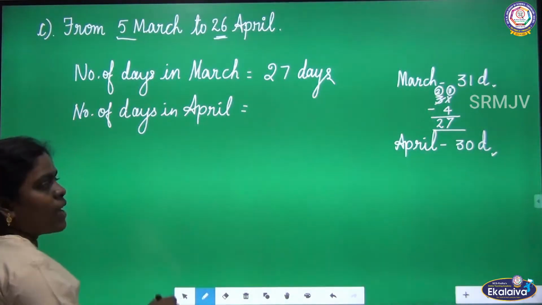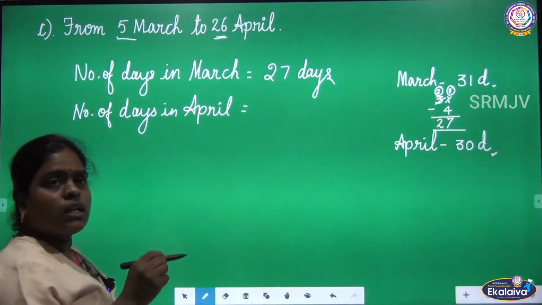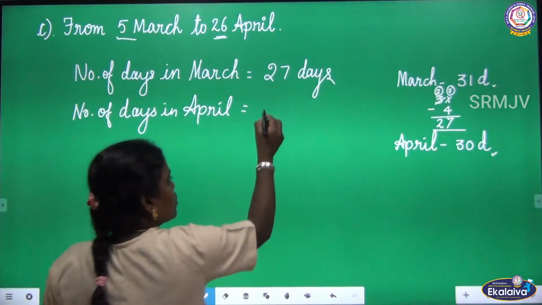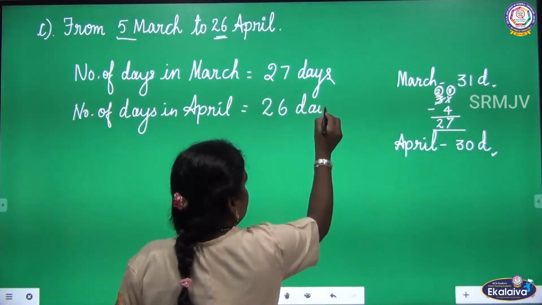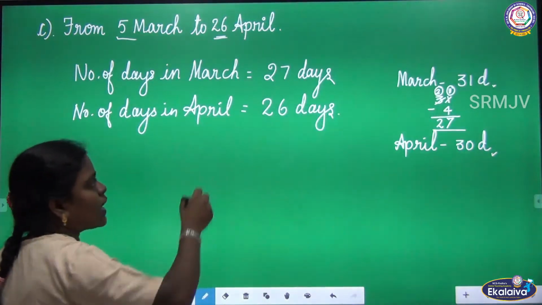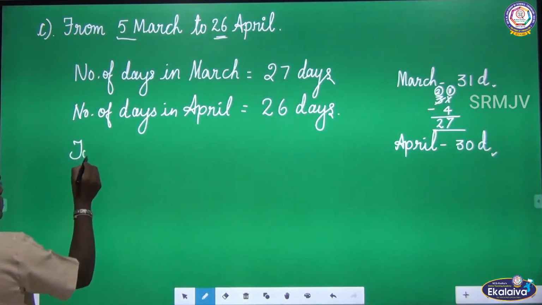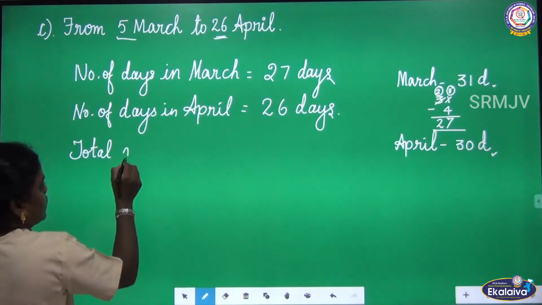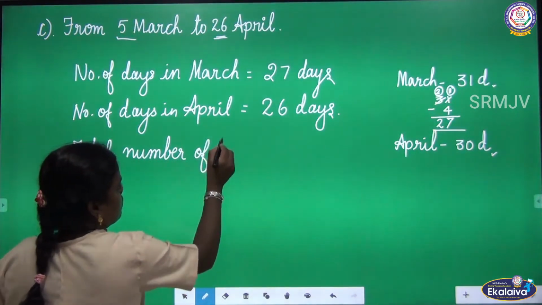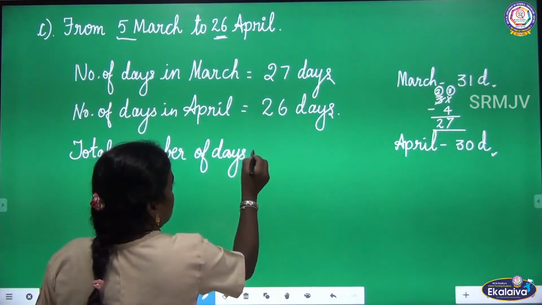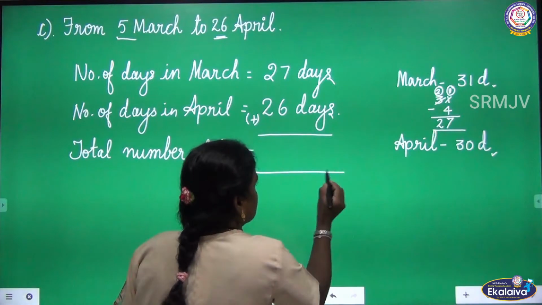So in the April month we have 30 days, but here they have given only till 26th April. So you just take the number 26. Now we are going to add these numbers to get the total number of days. Total number of days equals add the numbers 27 and 26.